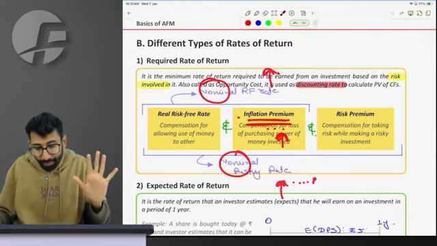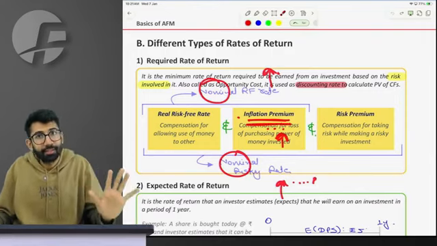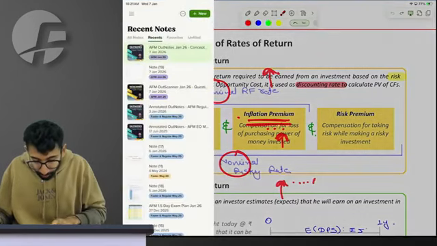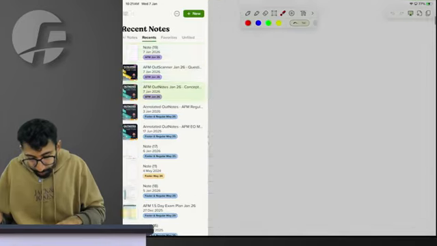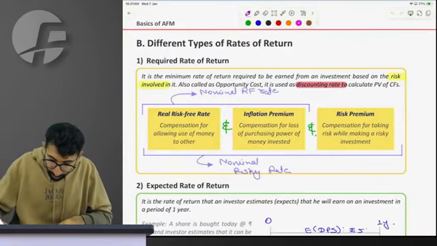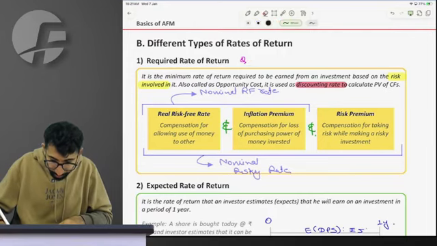Are you people please agreeing to it? Yes. If you want, we can give the reference of this particular question number 7 also. You can write down question 7 of equity business valuation.